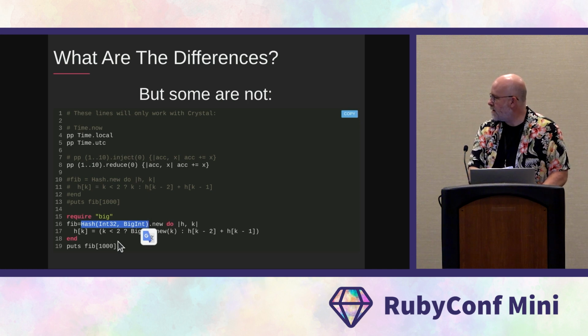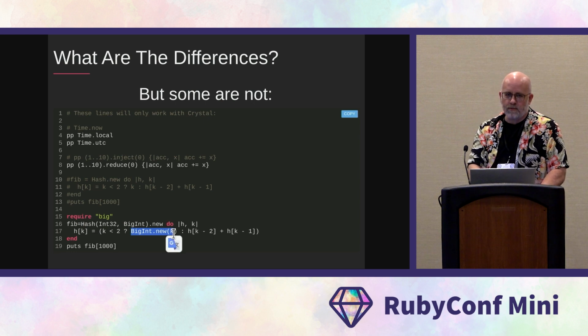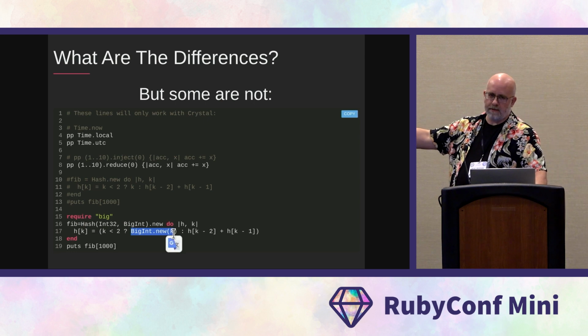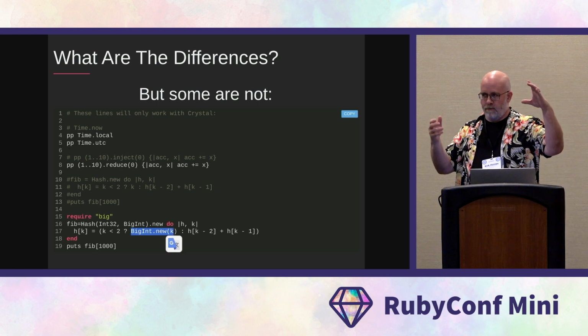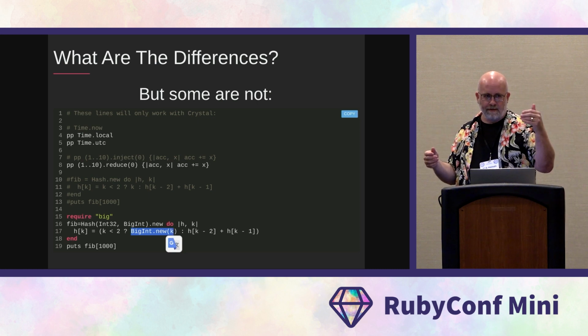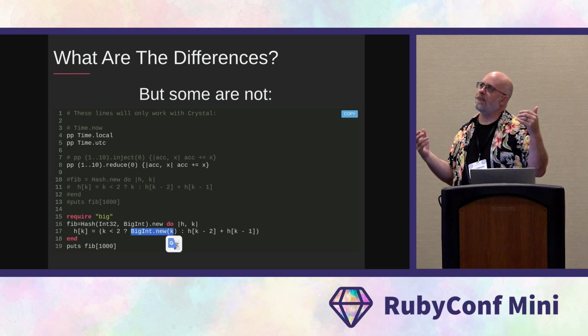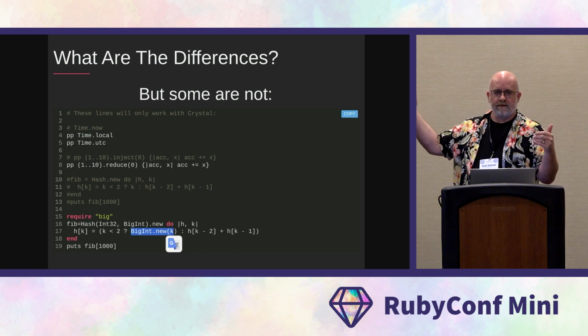And then what we're doing is we're just casting the very first value that's going to go into there as a big int, because when the math happens in the next part, because one value is a big int, just like in Ruby, you don't have to specify your types all the way through.